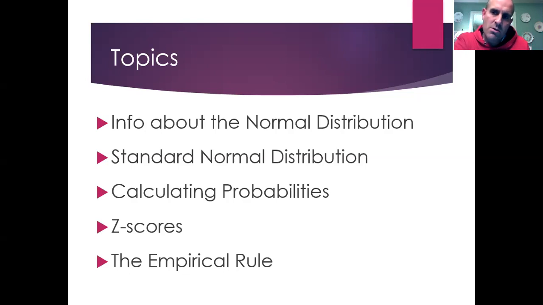In general, if you really want to make everything completely independent of a particular normal distribution, you have to convert to something called the standard normal distribution. Technically speaking, there are infinitely many possible normal distribution curves. It all depends on the kind of data that you're looking at and the units that are in play, and that's annoying because that means there are infinitely many possible curves you could be looking at.